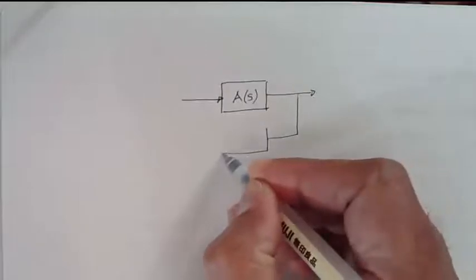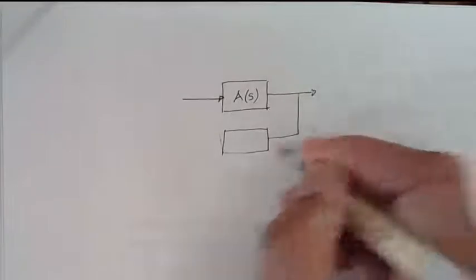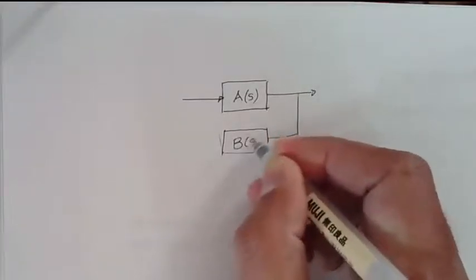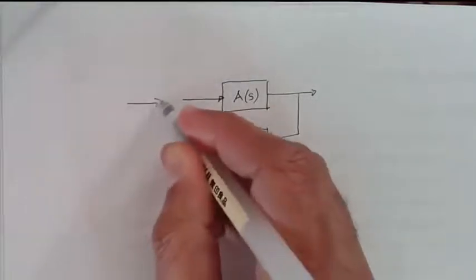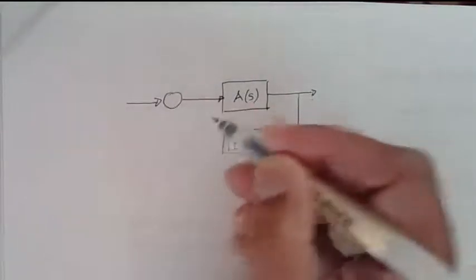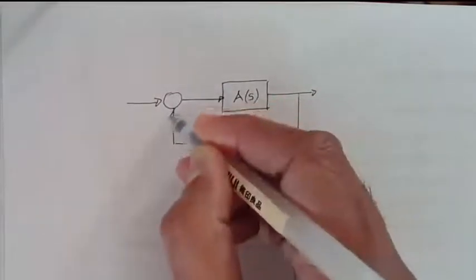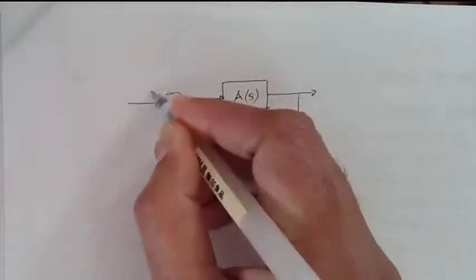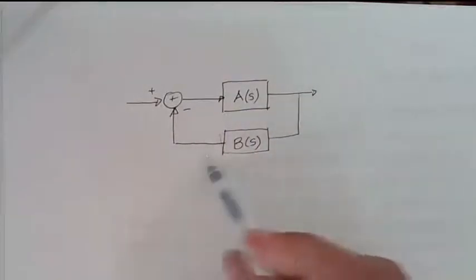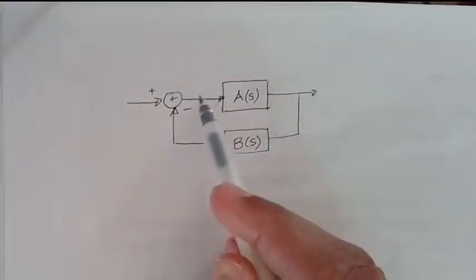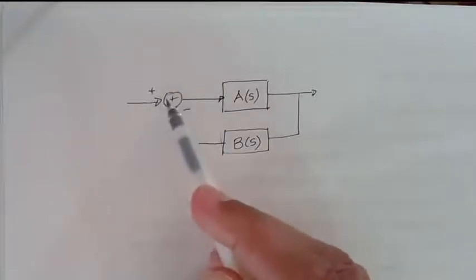We might take the output, measure it, and shape it in some way. So for the general case, let me write B of S here, and then we'll take it and either add or subtract from the input. If I subtract, and that's what we'll do in general, we'll say we have a negative feedback system.